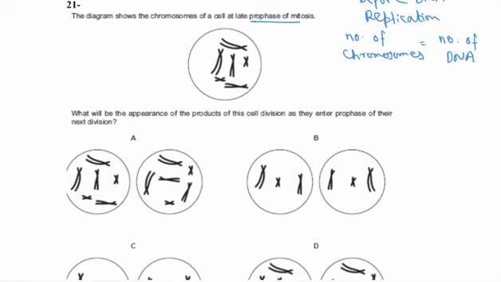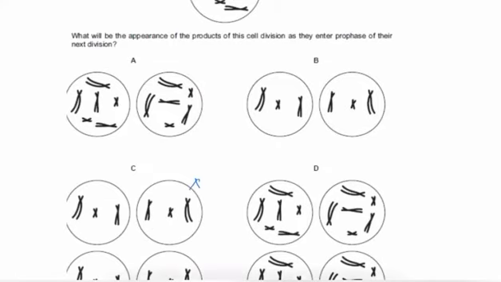You should know that mitosis produces how many cells? 2 cells, right? So if we find the 2 cells in the option, the 4 cell options are wrong, because the first division will lead to the formation of 2 cells, and when they enter their prophase, they will have the same number of chromosomes because this division is mitosis and not meiosis.